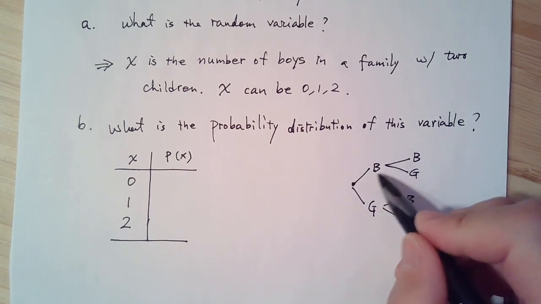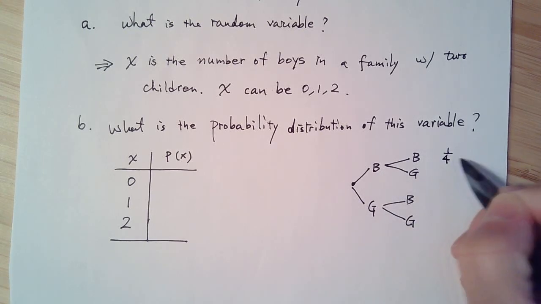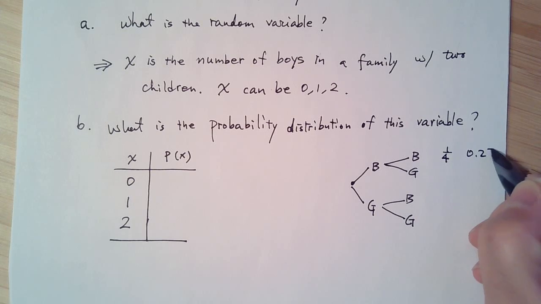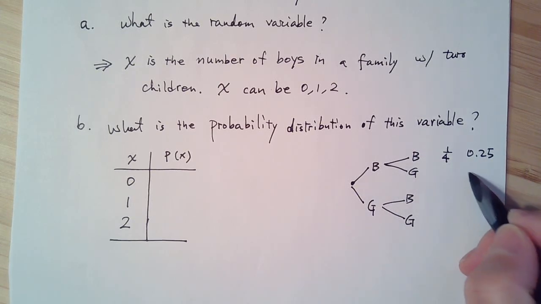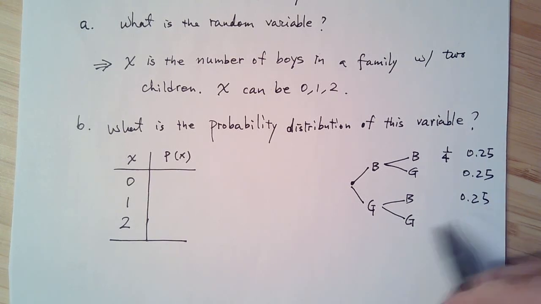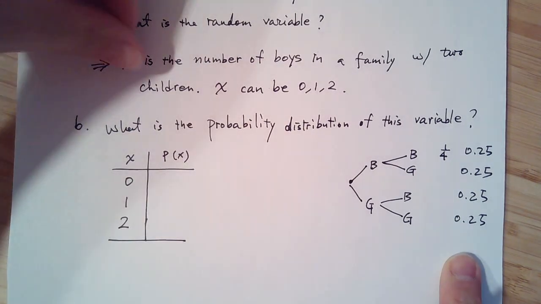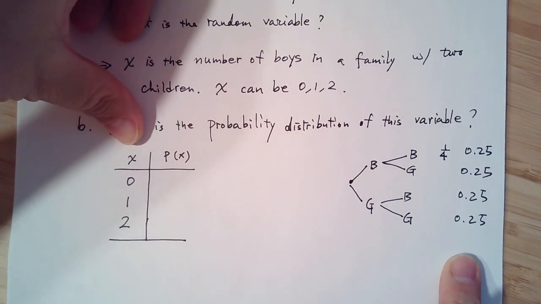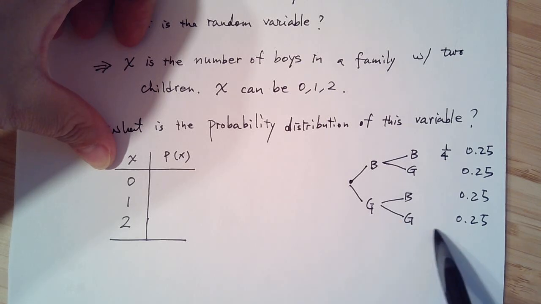Here it's a boy and a boy, so it's 1/2 times 1/2, or we say 0.25. It doesn't matter, you can use either. A girl, this one also has 0.25, and this one has 0.25, and this one, girl girl, 0.25. Now, what is the probability that there are no boys? That's this one, no boy at all.